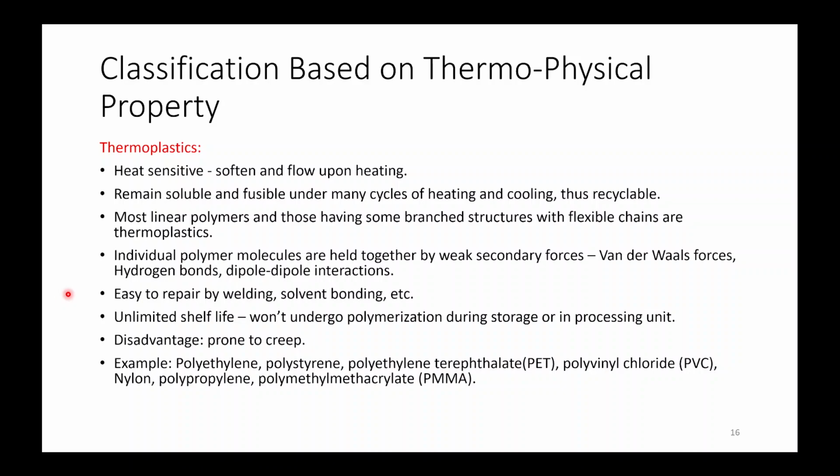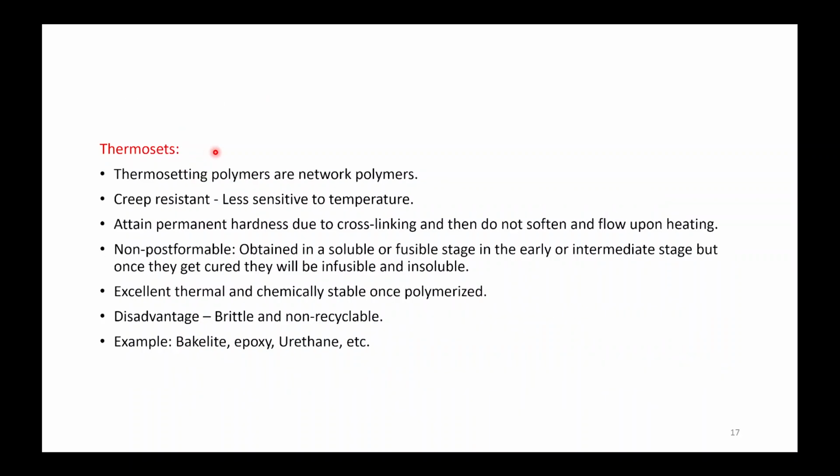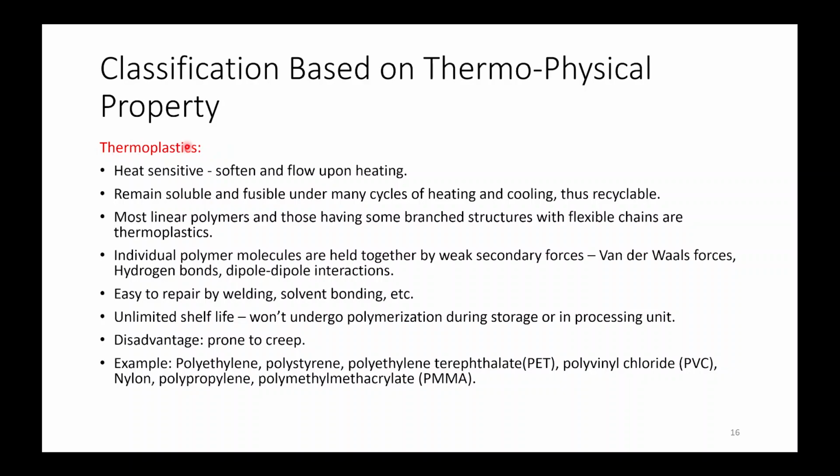Now classification based on thermophysical properties. These are mainly two classes: thermoplastics and thermosets. Thermoplastics are heat sensitive, and they soften and flow upon heating, and remain soluble and fusible under many cycles of heating and cooling. Thus these can be easily recycled.